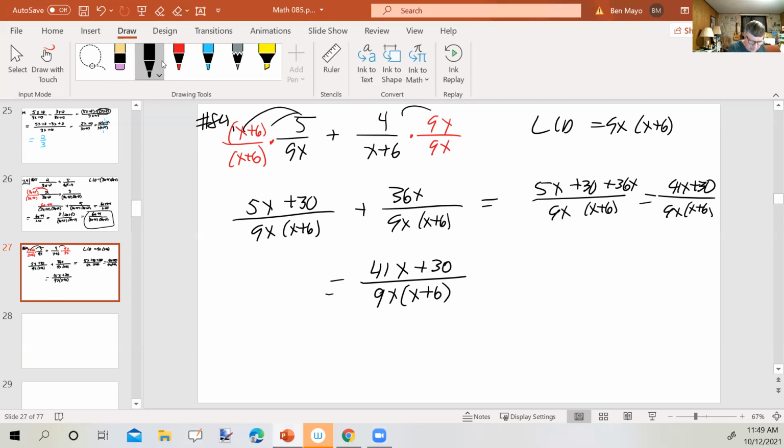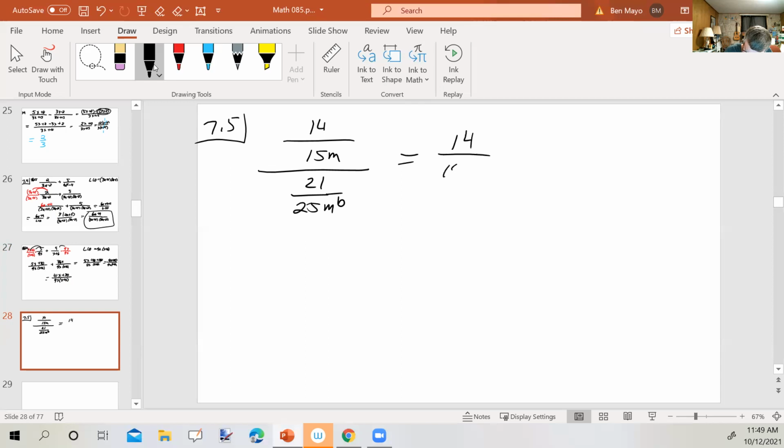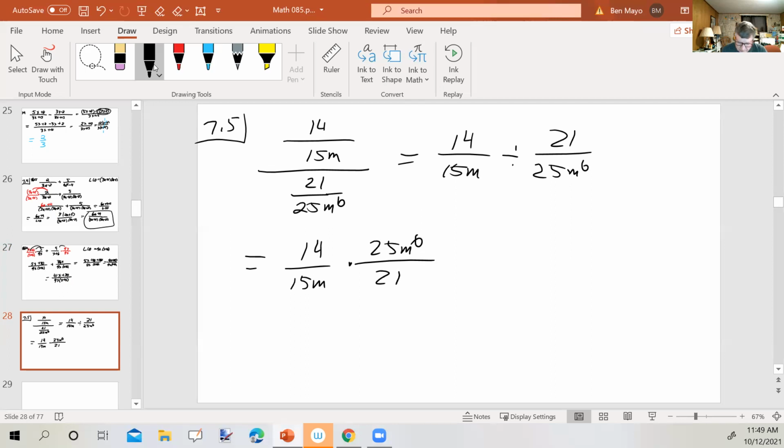Okay, simplifying complex fractions, 7.5. If you have a fraction where there's just a single fraction in the numerator divided by a single fraction in the denominator, you can rewrite it like this, and then change division into multiplication of the reciprocal.